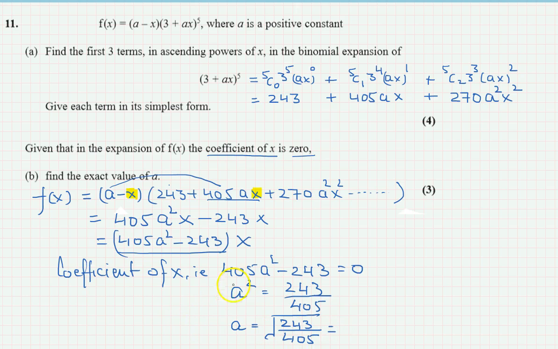Now 243 over 405, if we check, it can be cancelled by 3. So 3 over 5 is the answer. So the value of a is 3 over 5, and the first three terms in the expansion are this.